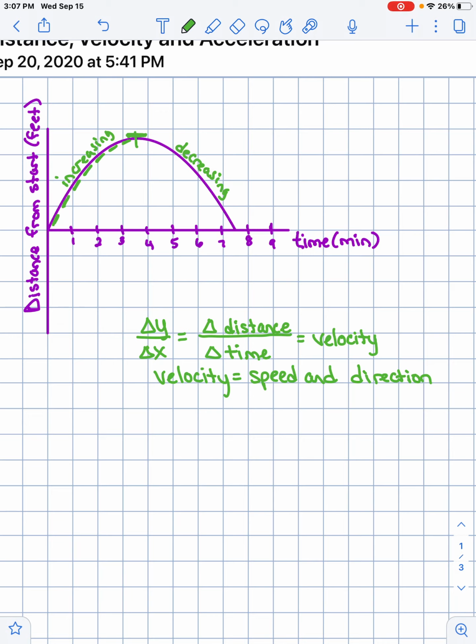So the interesting part is on the interval from 0 till, I'm going to put parentheses because we're going to use the open interval. At 0, nothing's happening, we haven't been moving at all, to about 3.5. I'm going to assume that the vertex is at 3.5. The distance from the start is increasing.